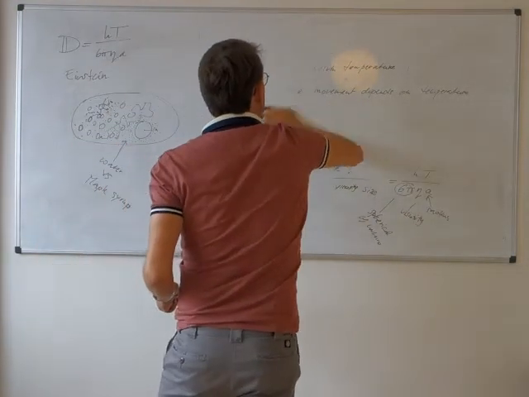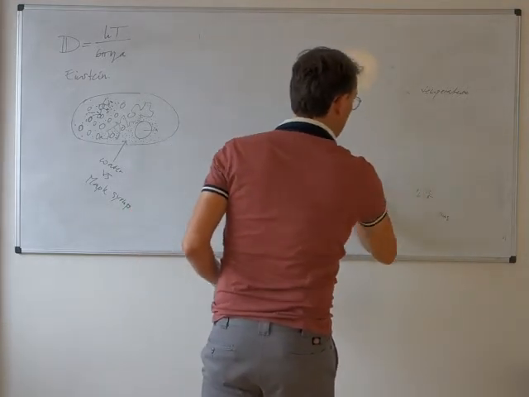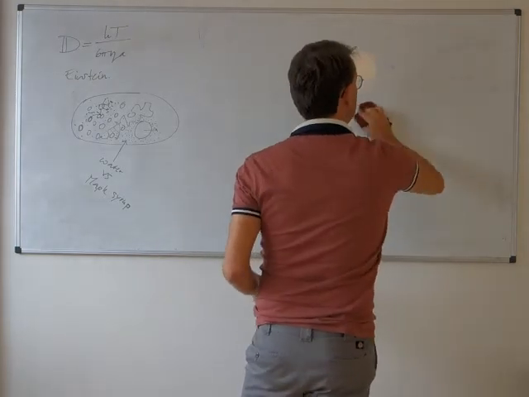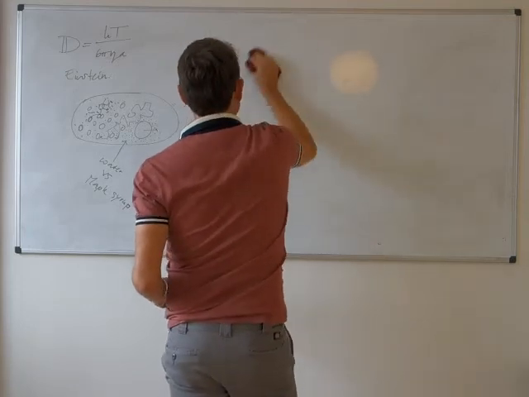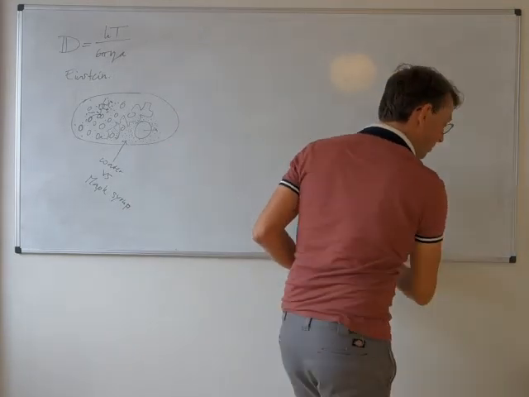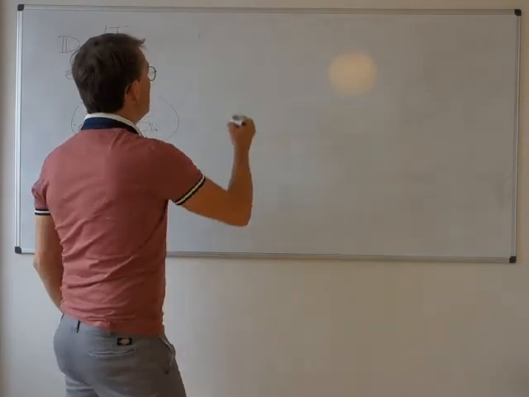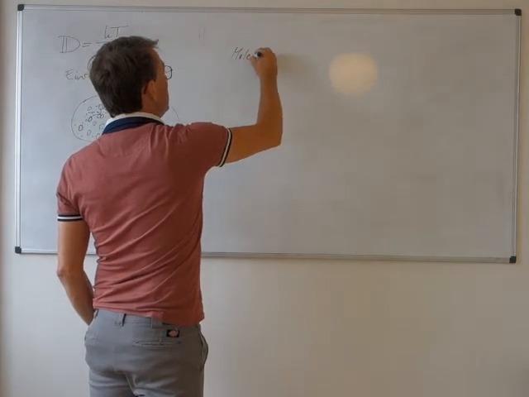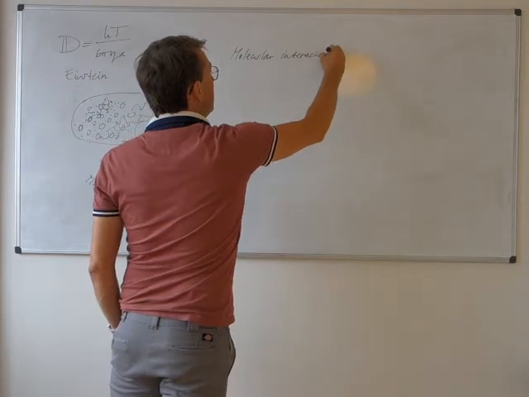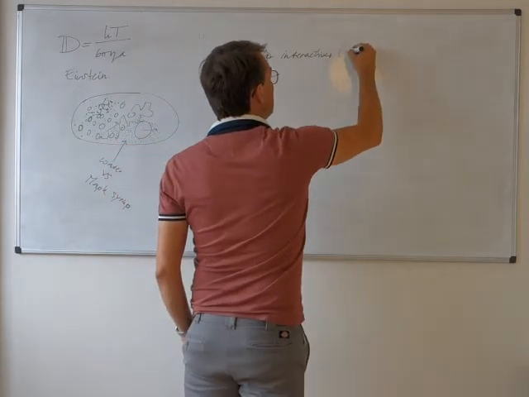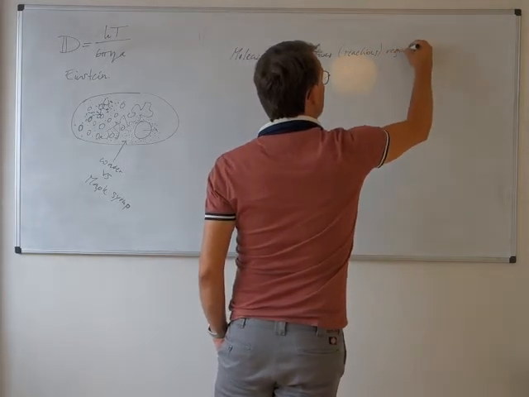Molecules, of course, can only interact if they collide. So molecules can only react if they collide. So conversions can only occur when molecules collide, and molecules can only be broken down by other molecules if they collide. So molecular interactions, generally reactions, require collisions.